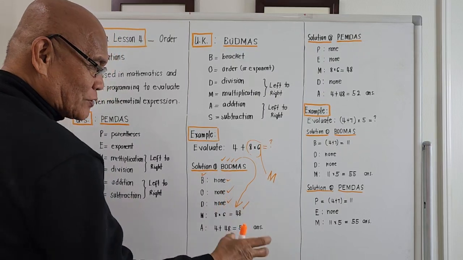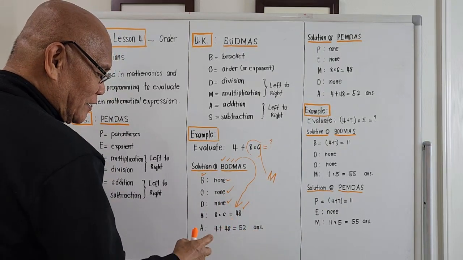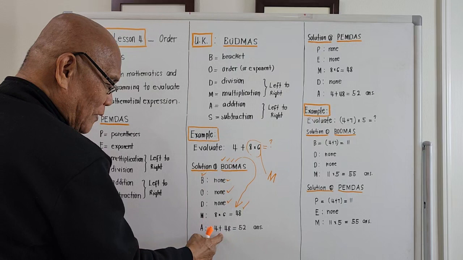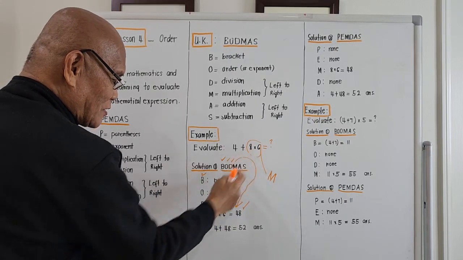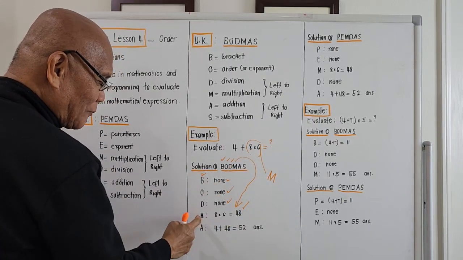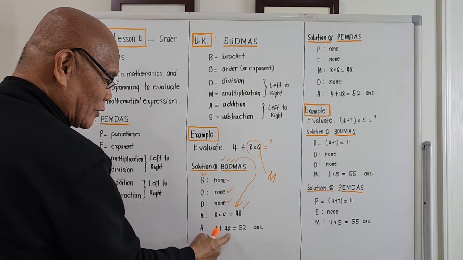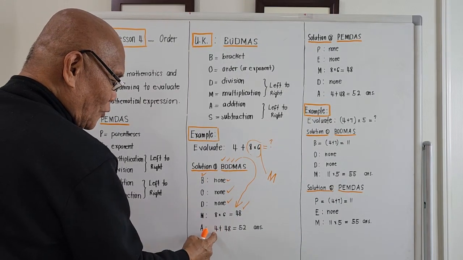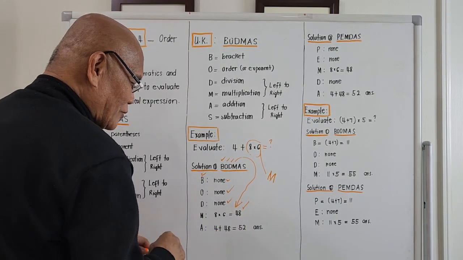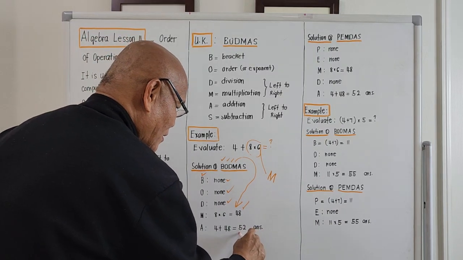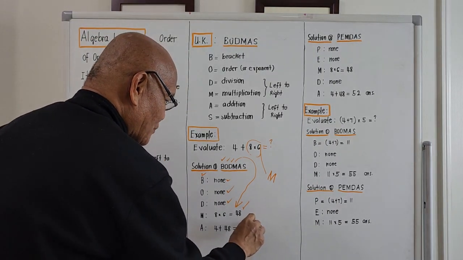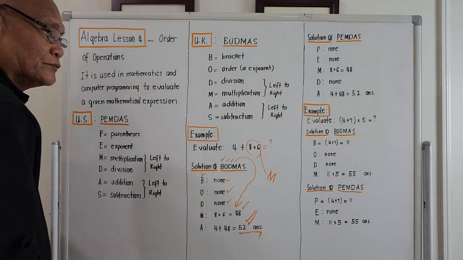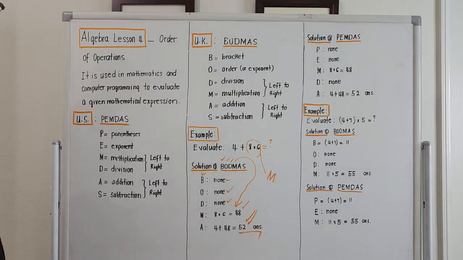So under the operation addition, I wrote 4 plus the simplified value of this, which emanates from the multiplication operation, which is 48. So 4 plus 48 is actually 52. So this is the answer. The answer is 52. Okay?